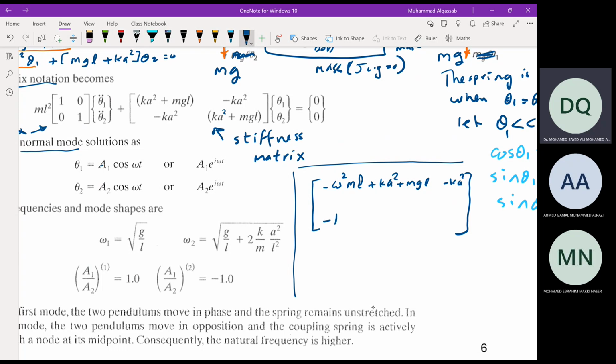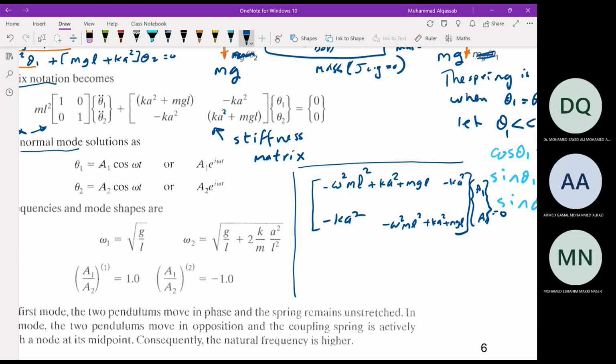And here it is minus Ka squared. And the last term is minus omega square ml squared, plus Ka squared plus mgl, multiplied by A1 and A2 equal to 0.